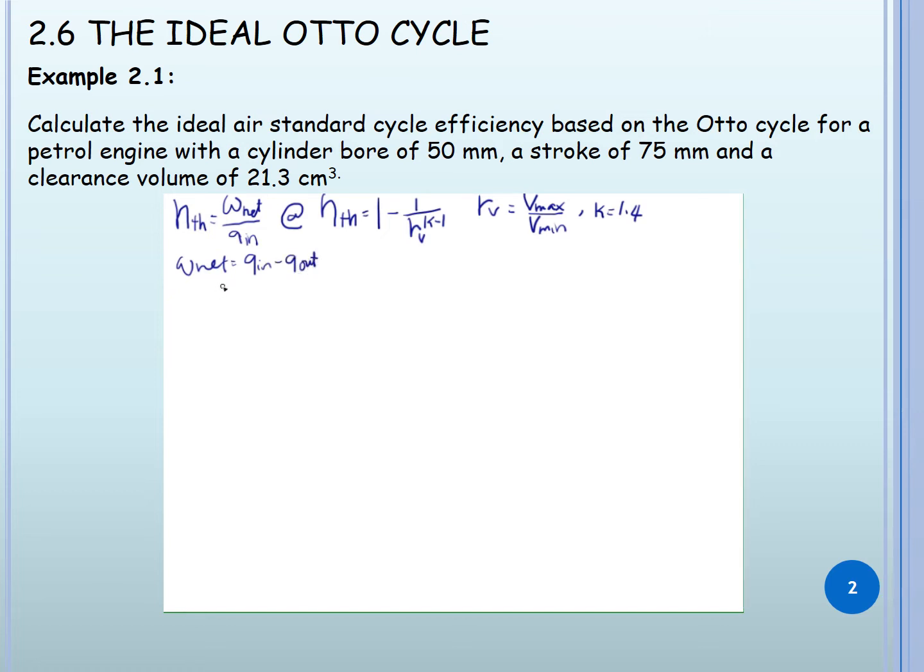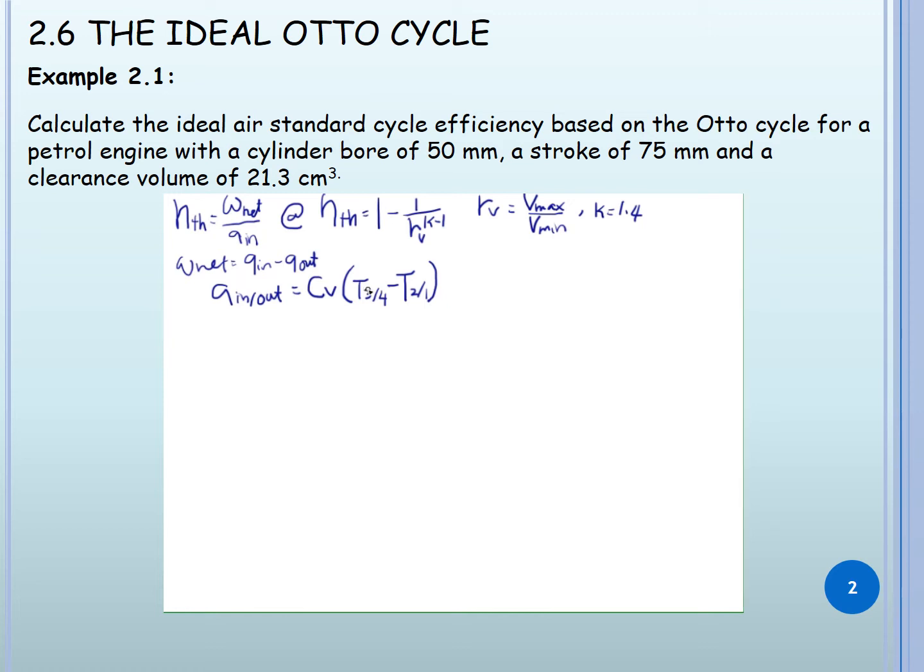For both Q in and Q out, we need to have constant specific heat, and then the difference of the temperature, either temperature 3 or 4 minus temperature 2 or 1.